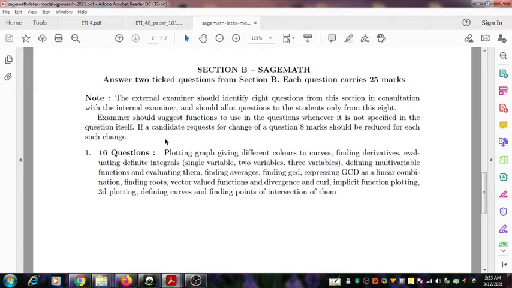If the candidate requests a change of a question out of these 8, then 8 marks should be reduced for each such change. It is not a 2 mark reduction here. In the case of SageMath, if you ask for a change of the question, 8 marks will be reduced.